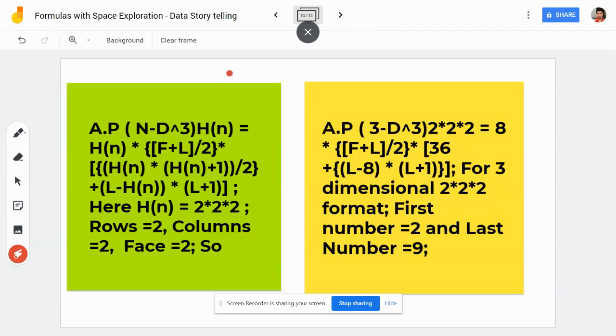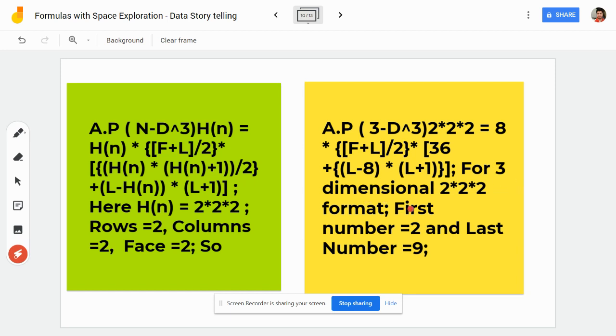Now coming to this formula. As I mentioned, instead of x, I mentioned H of n. H of n is nothing but hyperdimensional numbers. So we can formulate this hyperdimensional number for our three-dimensional case. This is the nth dimension. I'm bringing that pattern to our three-dimensional one, and the pattern is 2 cross 2 cross 2. So this is the formula we can see.